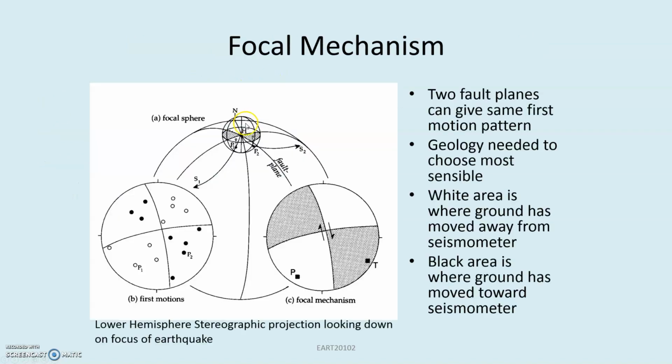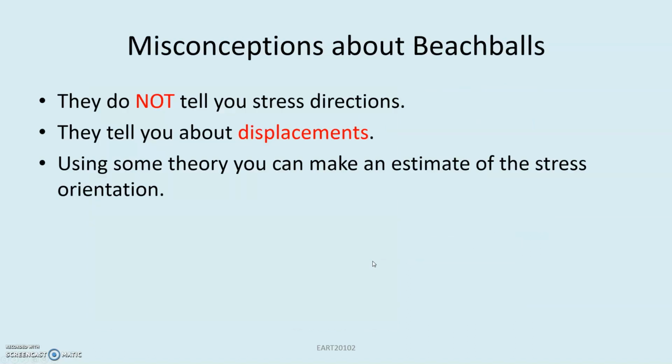So, for instance, if you see on this first motion solution here, they plotted T and P. This is the tensional stress axis, and this is the compressive stress axis. But this is not necessarily correct. They do not tell you about stress directions.